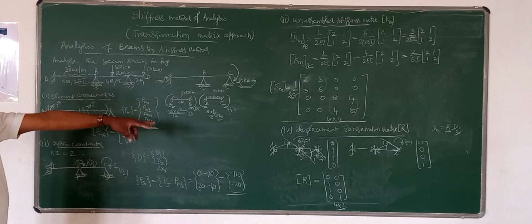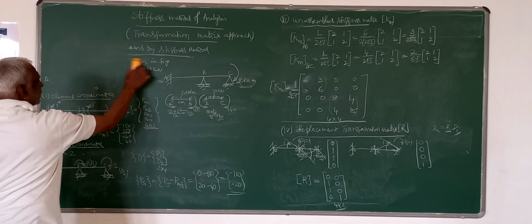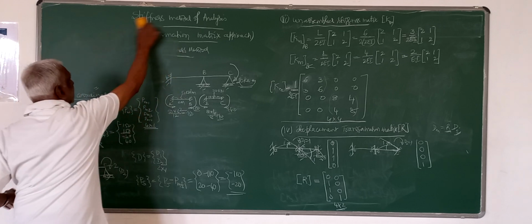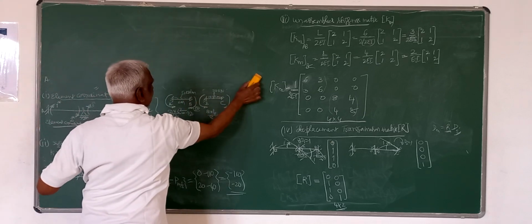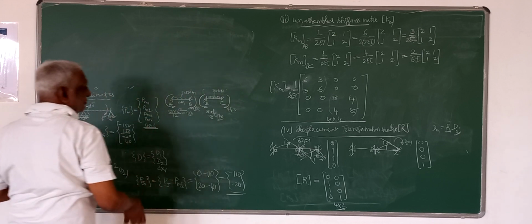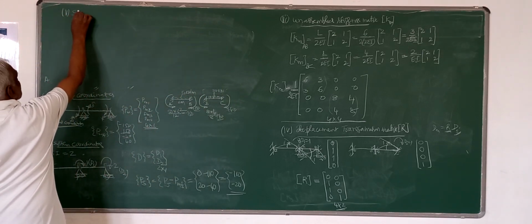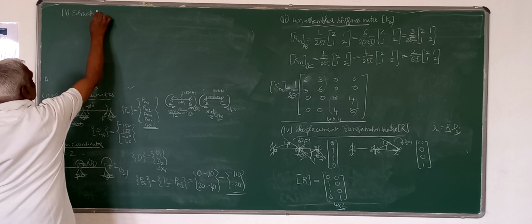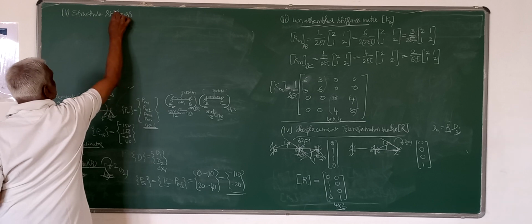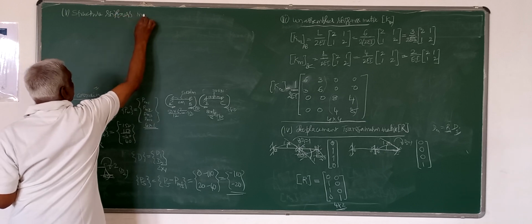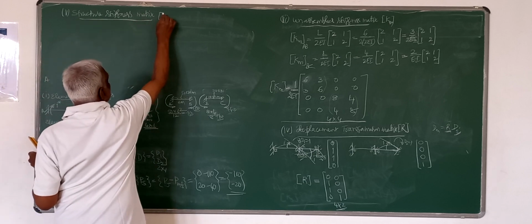So if you do this much exercise, then the next step you have to apply that formula whatever I have derived just now and calculate the structure stiffness matrix. That is the fifth step. You have to calculate the structure stiffness matrix KS.